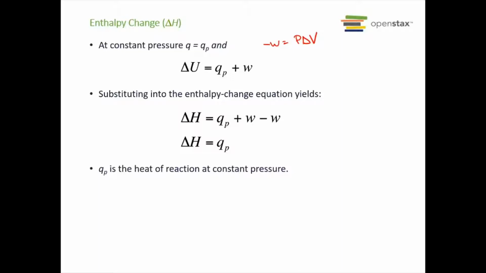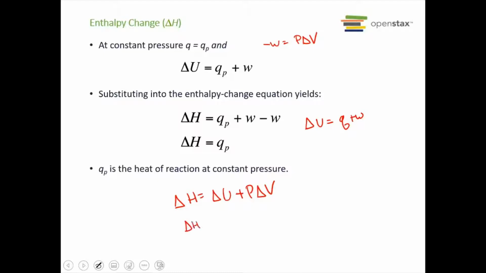So delta H is equal to delta U plus P delta V. Okay, and we know that P delta V is equal to negative work. And we also know that delta U is equal to Q plus W. Okay, so we can put that in.